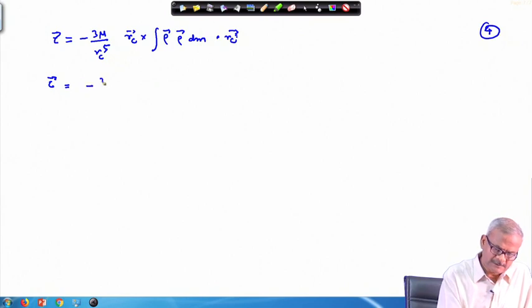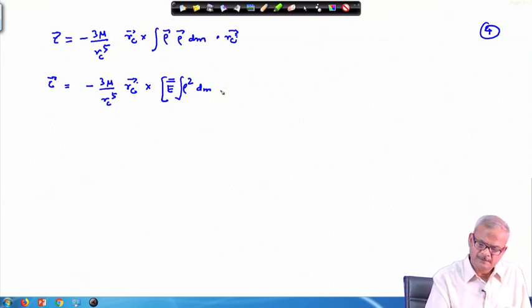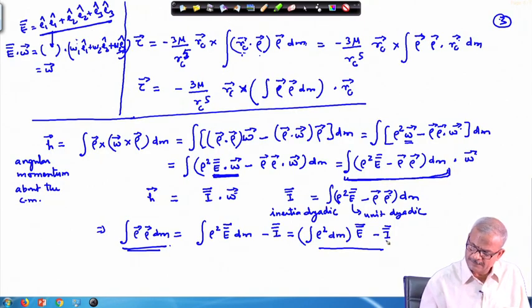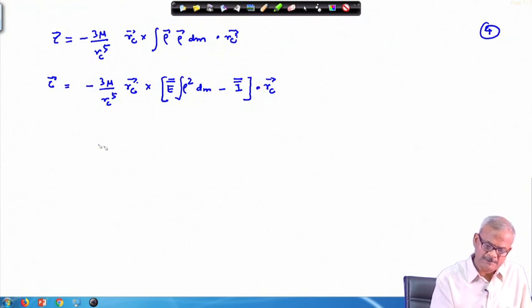So, in that case this gets reduced to R c to the power 5, R c cross. Now, this part we have to replace. So, this is rho square d m, E double bar minus I double bar, this is I double bar, dot R c.